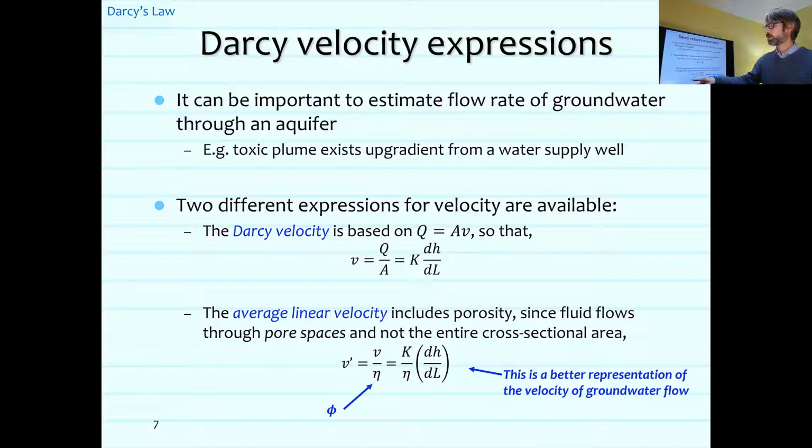Really this V prime is a better representation of the velocity of groundwater flow than the Darcy velocity. So unless you're told otherwise, you should use V prime if you're asked to calculate, say, the time of travel for a groundwater plume.